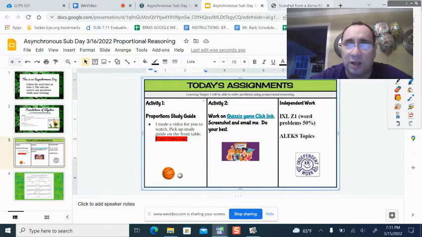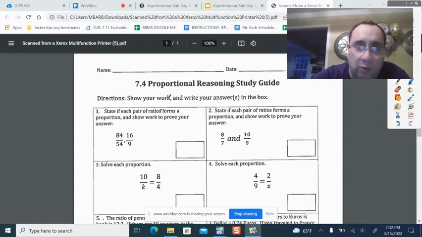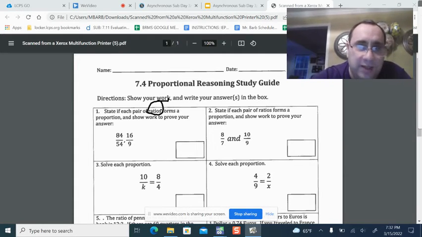So we're going to start with the proportional reasoning study guide. Like I said, it's one up front, and I would like you to go ahead and try it, okay, and show your work. So the first one, they're looking for ratios, okay? So to see if it's a proportion, you cross multiply. We're going to do the butterfly.